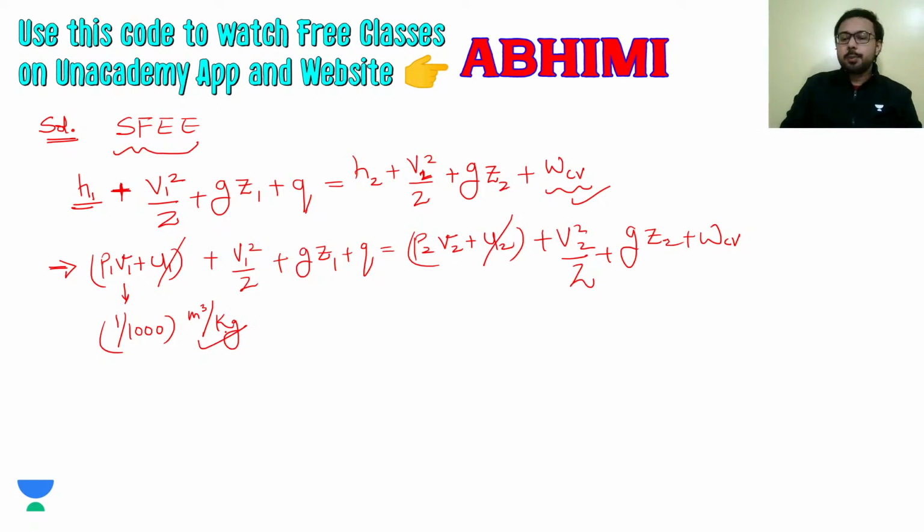And it will not be the volumetric flow rate divided by the mass flow rate. That will not be your specific volume, because don't calculate the specific volume using the volumetric flow rate. That was the thing that I was going to tell you, because you might have some confusion there.